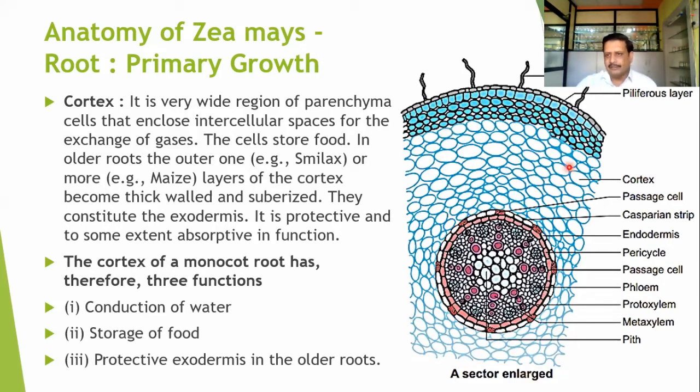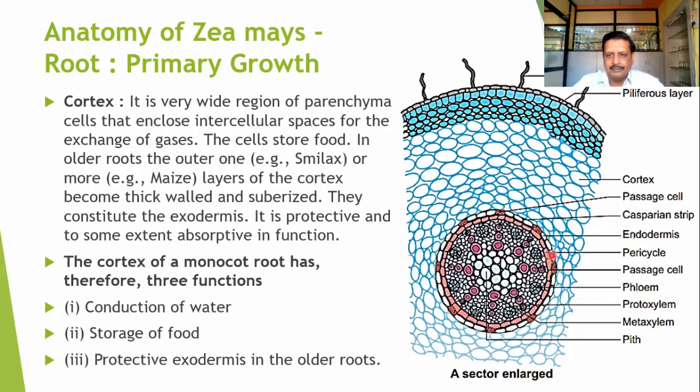See here, when we describe the diagram, you can observe this zone is known as the cortical zone: epidermis, then hypodermal or exodermal cells. This zone is known as the cortex. After the cortex there is the endodermis. Here you can find passage cells, or Casparian strips can be organized on this endodermis.